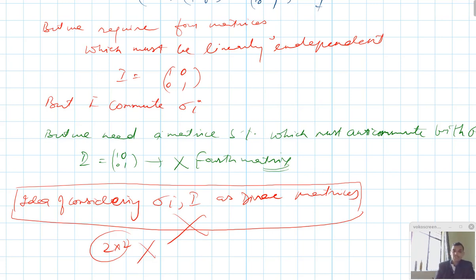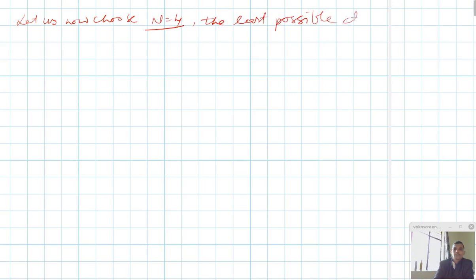So let us now choose n equal to 4, the least possible dimension of alpha i and beta, meaning for the Dirac matrices.